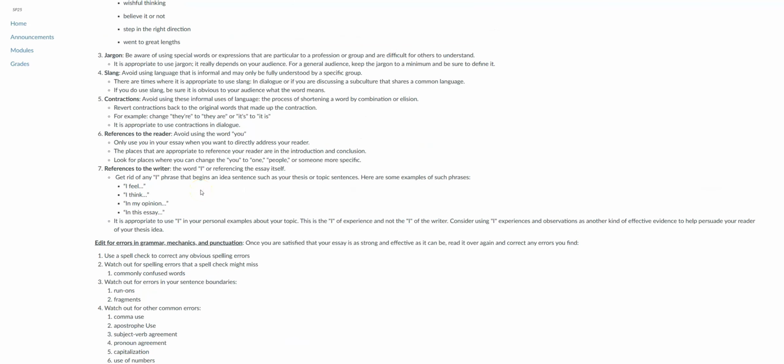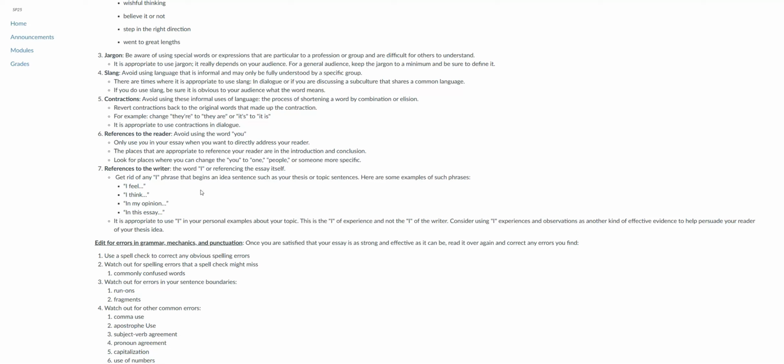In general, the word I tends to not be found in formal writing, at least when we are expressing our ideas. And so we want to try to avoid the word I when we're expressing ideas like in our thesis or our topic sentences.